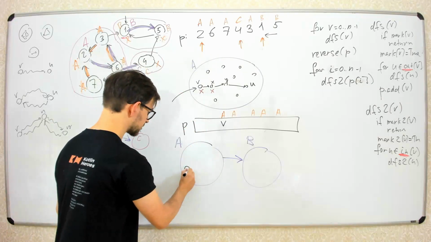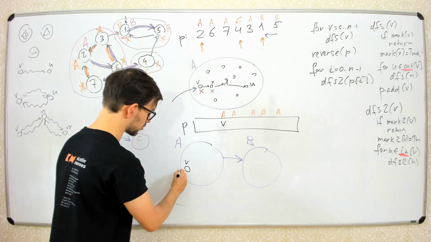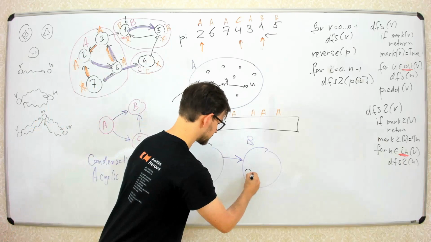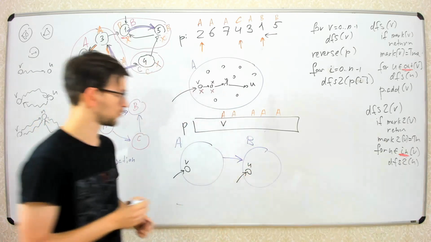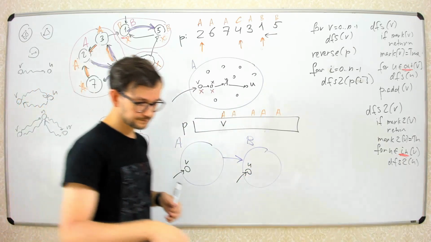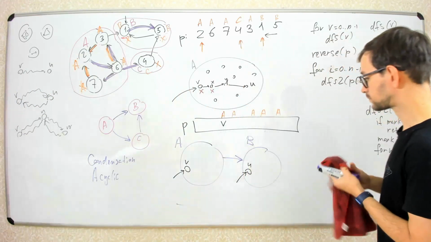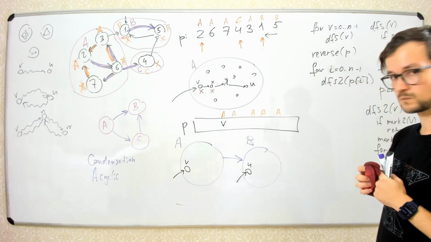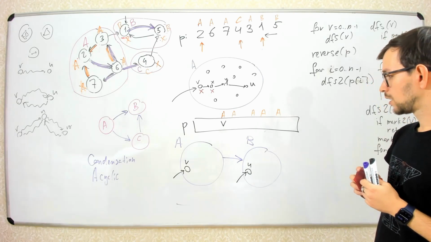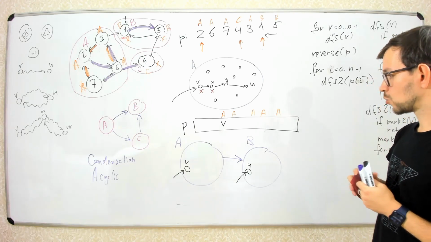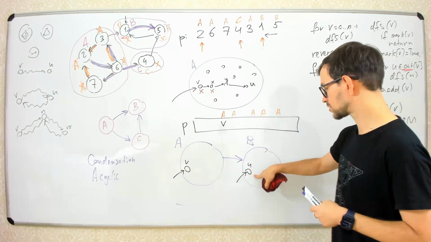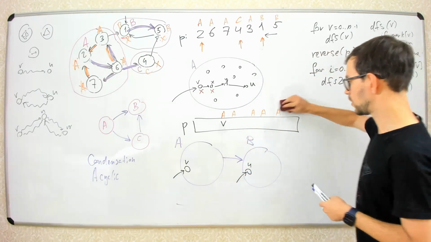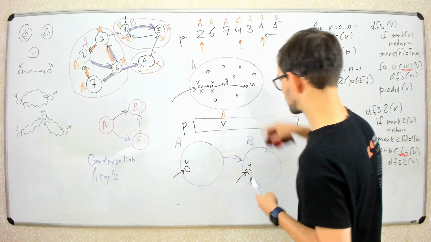Let's call V the first node of component A, and U the first node of component B. So what will happen with these two nodes if we look at them in this array P?